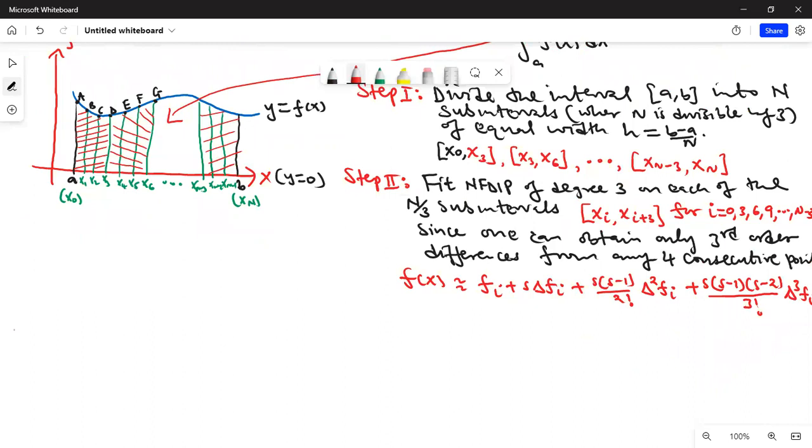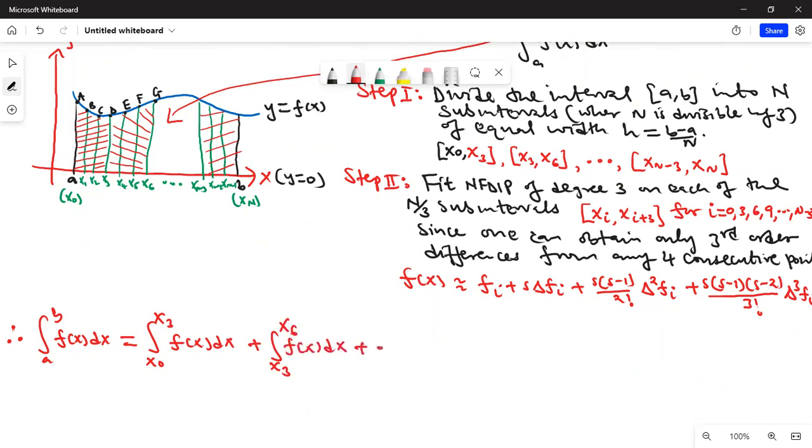So you can just say that now, to evaluate the integral from a to b of f of x dx is the same as writing the integral from x0 to x3. Remember, we are picking 3 strips at a time, of f of x dx, plus the integral from x3 to x6 of f of x dx.